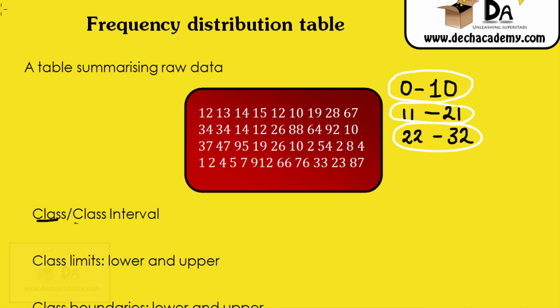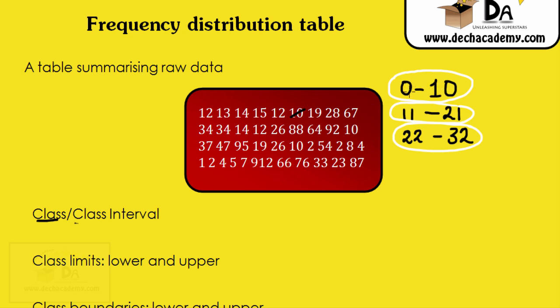So let's do something. For the first class, which has a lower limit of 0 and an upper limit of 10, from the numbers here, which ones belong to this class? Well, let's see. The number 12 does not, 13 does not, so I'll look for the next number, which is 10. 10 belongs to the class 0 to 10.